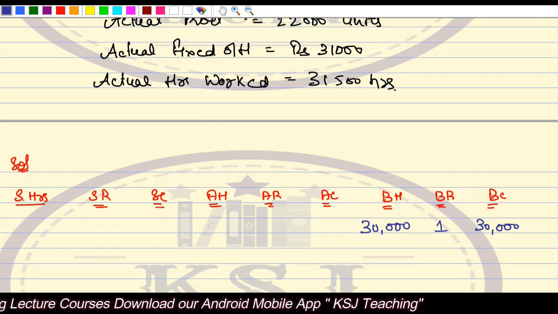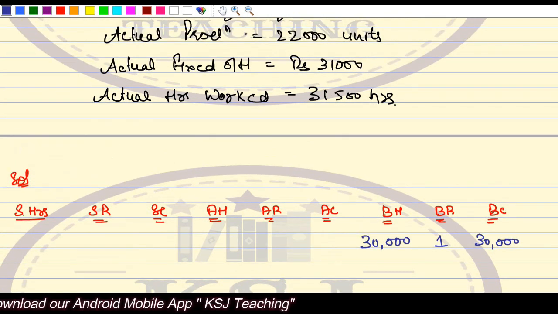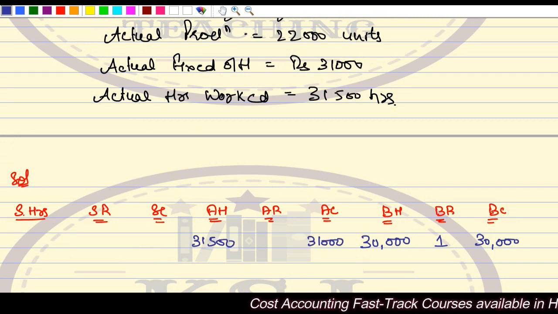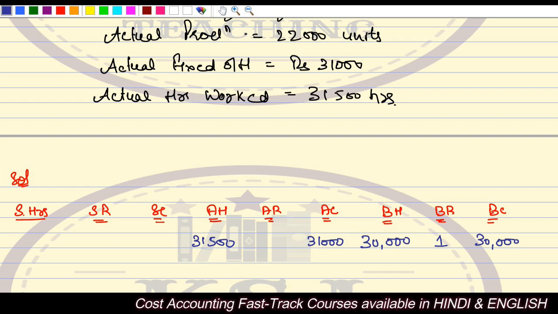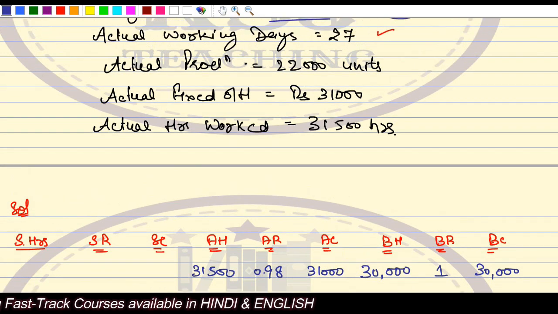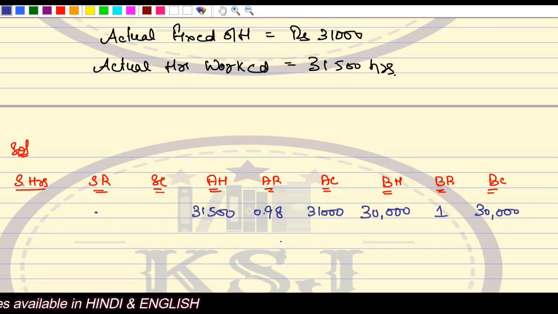Right? Now, the actual hours are given. Sir, we are not using standard. We will come to the standards, right? So the actual hours are given, that is 31,500, and the actual cost is given, that is 31,000. Right? So the actual rate will be 0.98. Now, the standard rate is given 1.